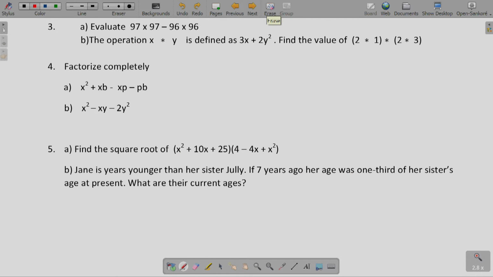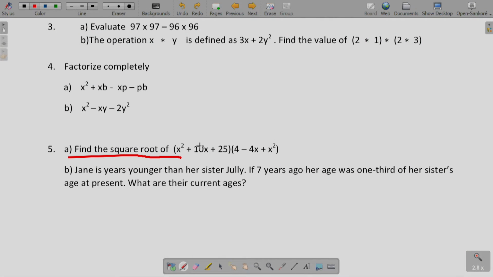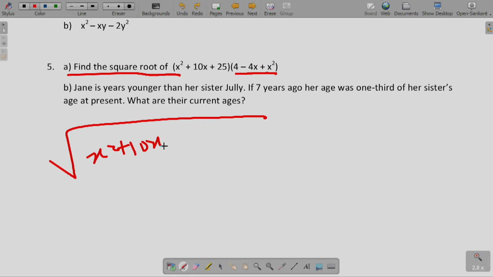Let's now finish with our last questions. Find the square root of x squared plus 10x plus 25 times 4 minus 4x plus x squared. The square root of x squared plus 10x plus 25, whole in bracket, times 4 minus 4x plus x squared.